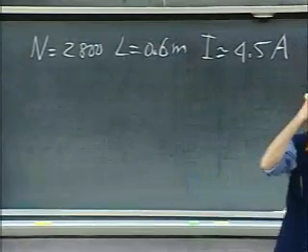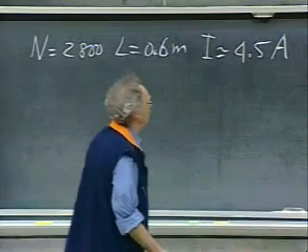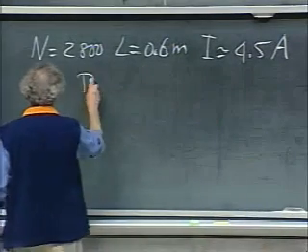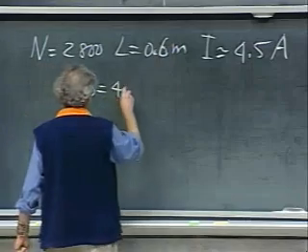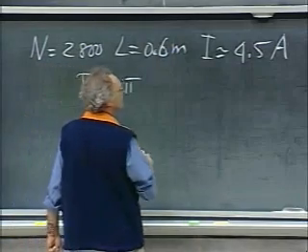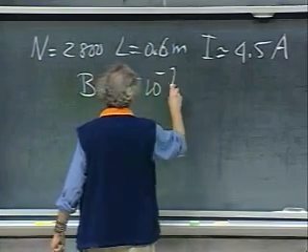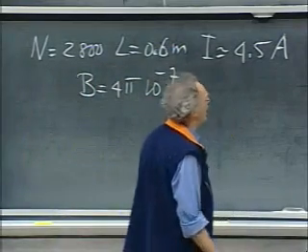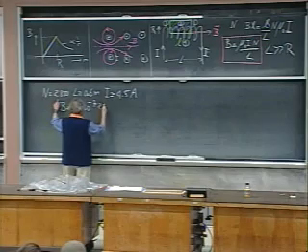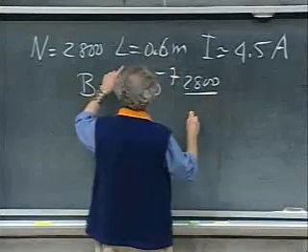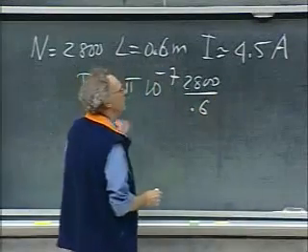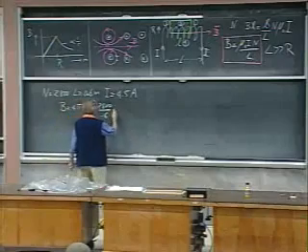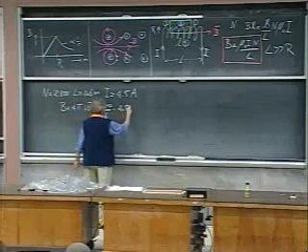And so I can calculate now what the magnetic field is going to be. So the magnetic field strength is going to be 4 pi times 10 to the minus 7, because that's what mu 0 is. And then I have to multiply it by 2800, divided by 0.6, and then multiply it by the current, 4.5.